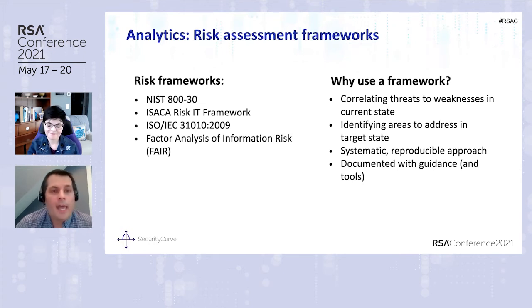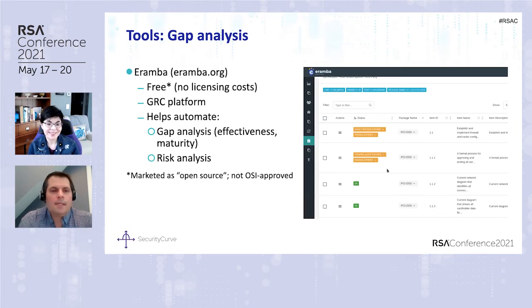Then you put them both together and plug it into a risk assessment or risk analysis process, whether you use a framework or not. And at the end of that, you have a risk-based view. So these three things that we're talking about are synergistic in the way that they work together. Absolutely. And so on to our first tool on gap analysis.